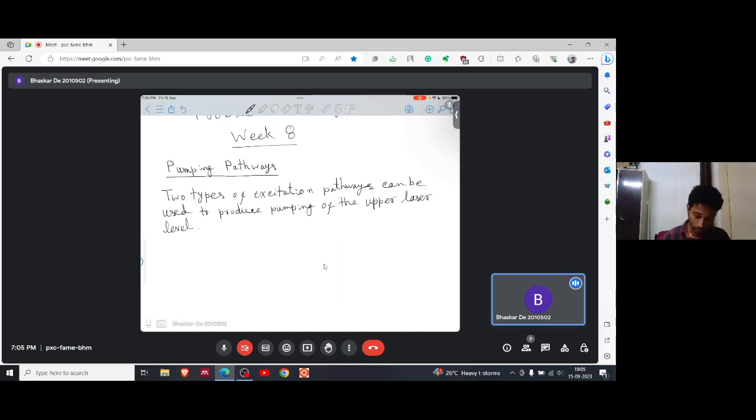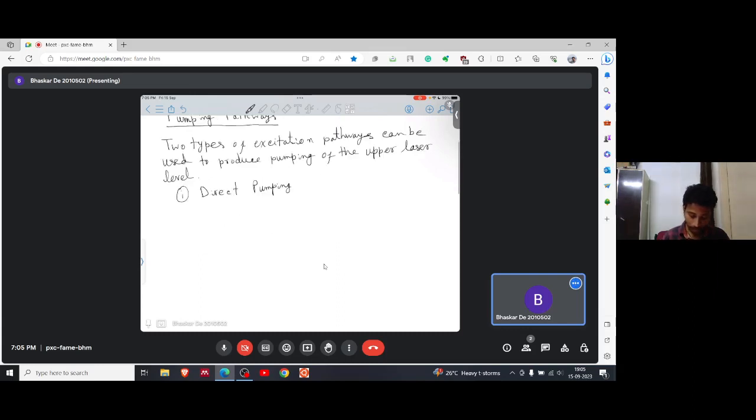One is direct pumping, and the second is indirect pumping. This is also known as pumping and transfer.